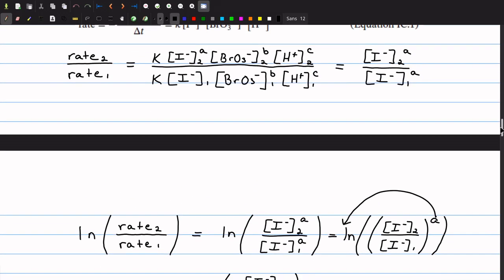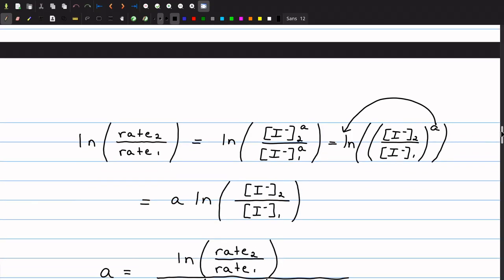What I'm going to do is take the natural log of this, so I got the natural log of that. I'm going to take the natural log of this, I got that right there. I'm going to use the property that these are both being raised to the same exponent to say that that is the same as taking the ratio first and then raising it to that exponent.